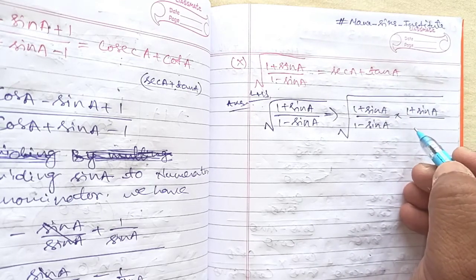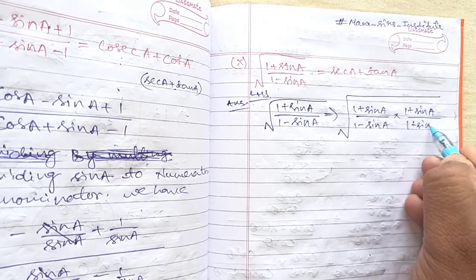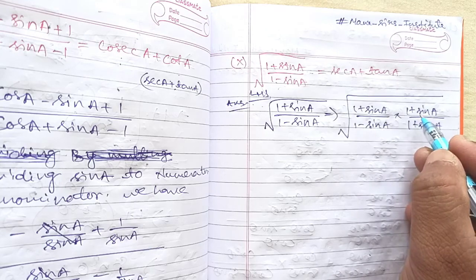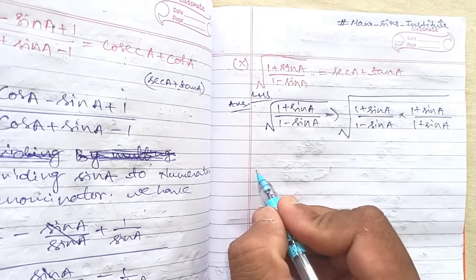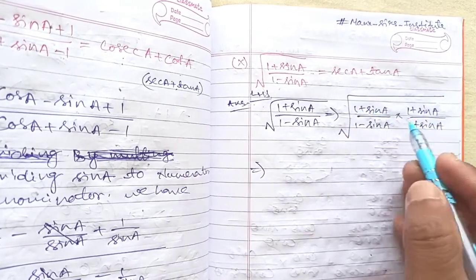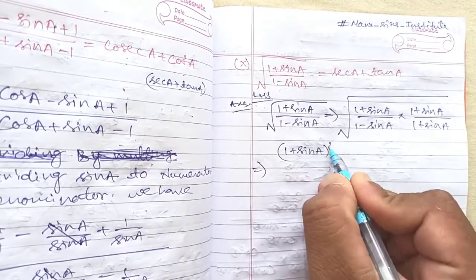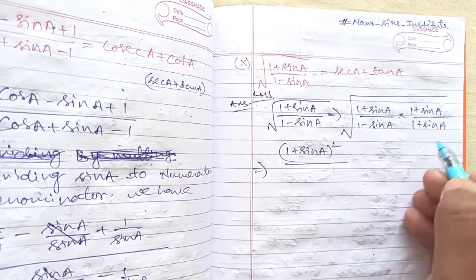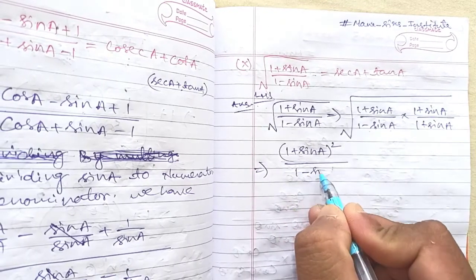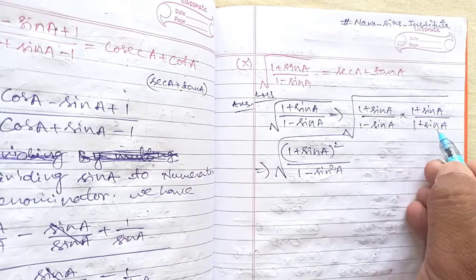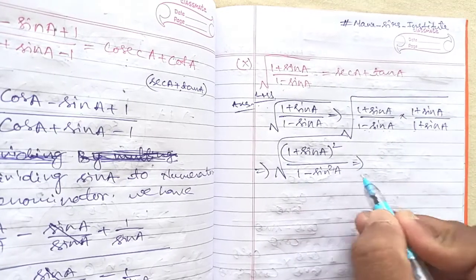Since 1 minus sin a is in the denominator, multiply the same term with the opposite sign, plus, inside the root. Now 1 plus sin a into 1 plus sin a is (1 plus sin a) whole square, and 1 minus sin a into 1 plus sin a is 1 minus sin square a. This is the a minus b, a plus b, a square minus b square formula.